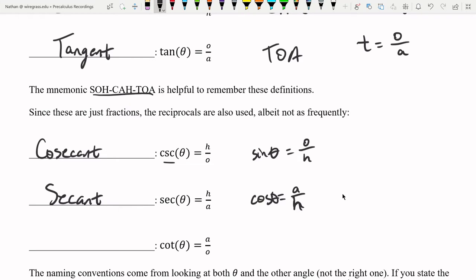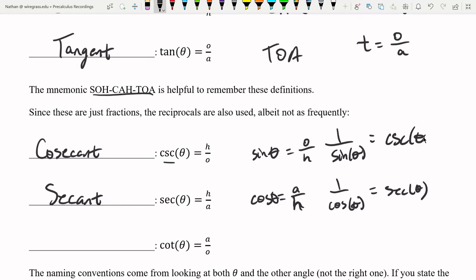Of course, I can just write this as 1 over cosine of theta equals secant of theta, just like in this first one, I could write 1 over sine theta equals cosecant of theta. And finally, we have cotangent. This is the flipped version of tangent. And so we get tangent, as you can see above, equals opposite over adjacent. So cotangent is going to be adjacent over opposite.